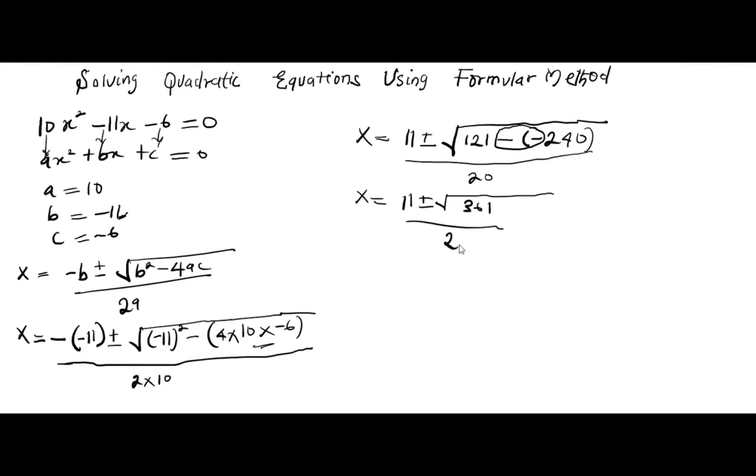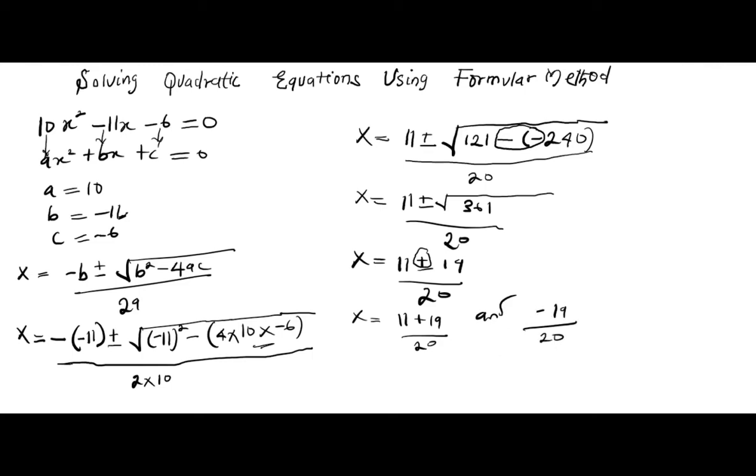all over 20. So we have our x equals to 11 plus or minus square root of 361 is 19. So we have 19 all over 20. So we take this plus first, so our x equals to 11 plus 19 all over 20, and our x also is 11 minus 19 all over 20.